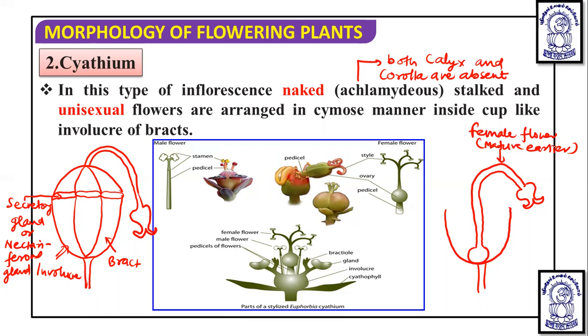So this achlamydeous female flower, which is represented by a carpel only, with calyx and corolla absent, is surrounded by many small achlamydeous male flowers like this, which are represented by just a stamen.